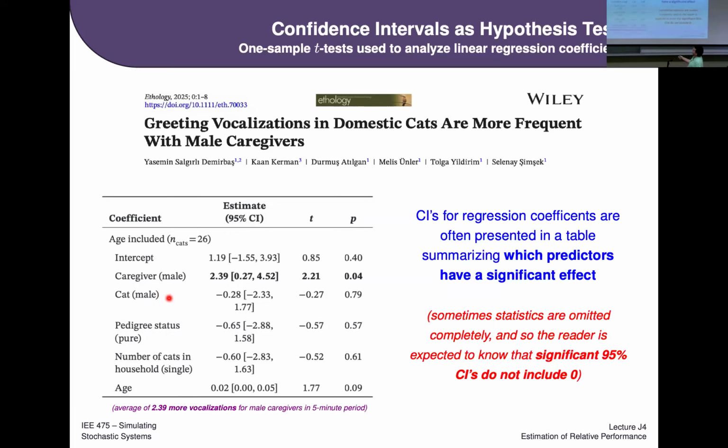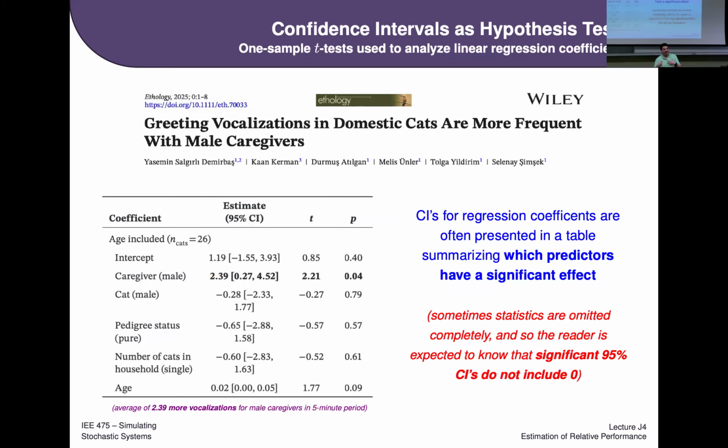But the one effect that they did find, this confidence interval is bounded away from 0. So in this case, because it's discrete, the slope is the average number of extra calls you get in 5 minutes, which for these data is 2.39 calls.